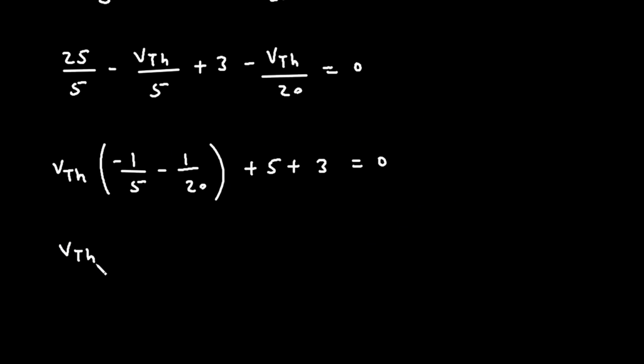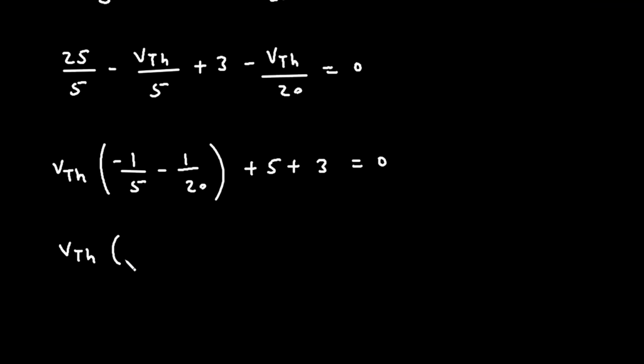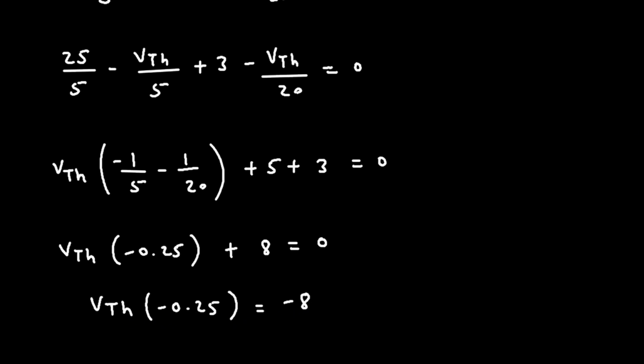So VTH, now if we solve this, we get minus 1 by 5 minus 1 by 20. So it is minus 0.25 plus 8 is equal to 0. So VTH into minus 0.25 is equal to minus 8.